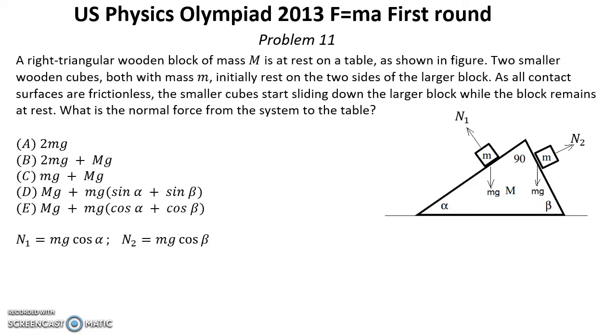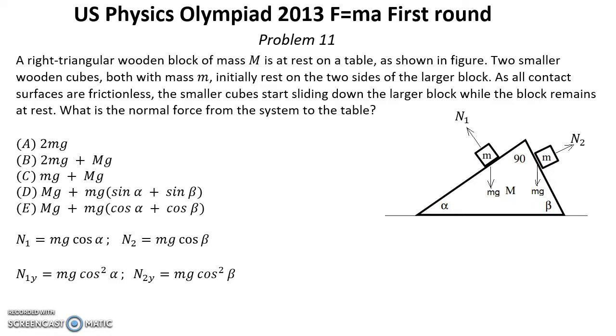The same force acts from the small blocks on this triangle block. And now we just need to count what is the vertical part of this normal force acting on the triangle. We have n1y equals mg cosine squared alpha and n2y equals mg cosine squared beta.